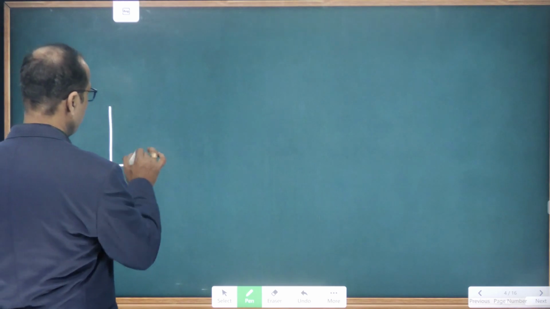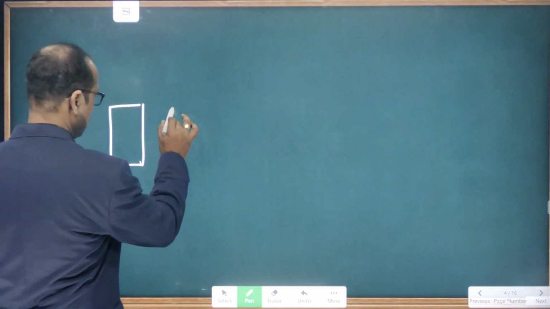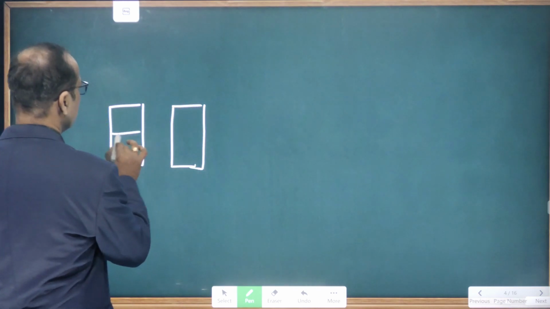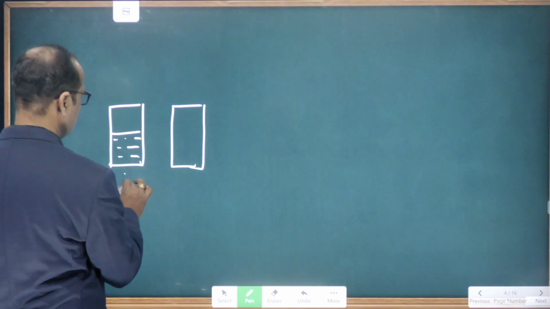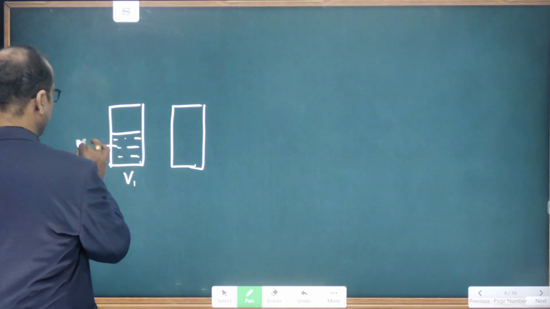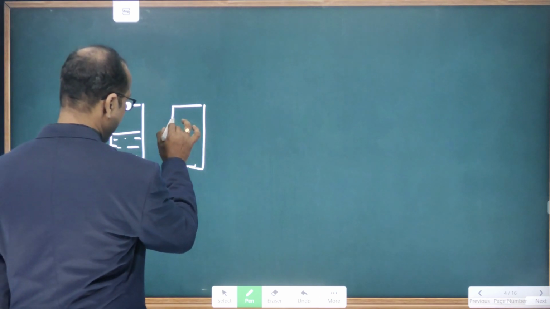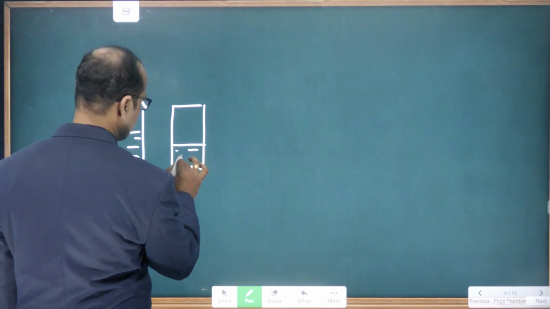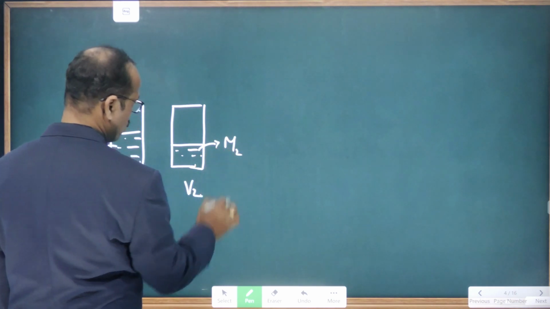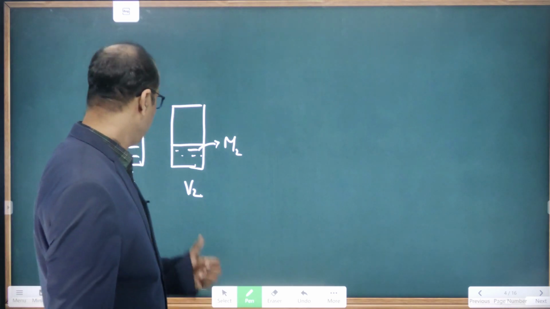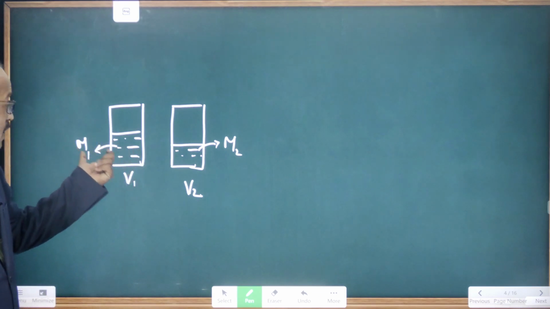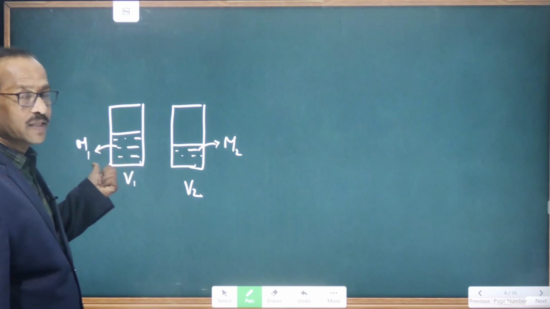For example, here I have one solution. Here I also have another solution, right? Here there is a volume V1 and the molarity is M1.